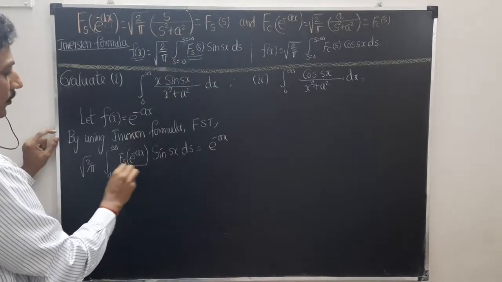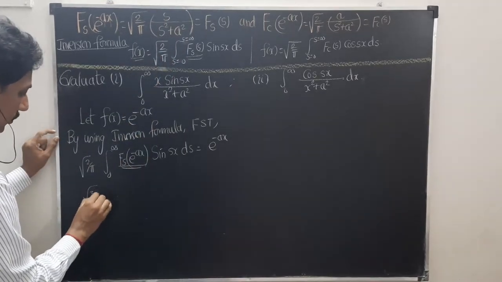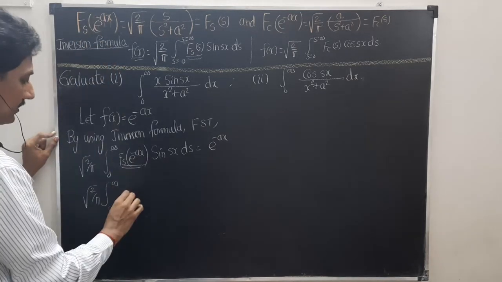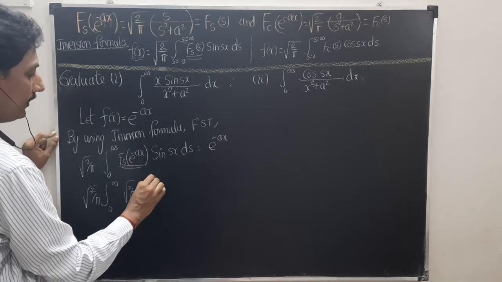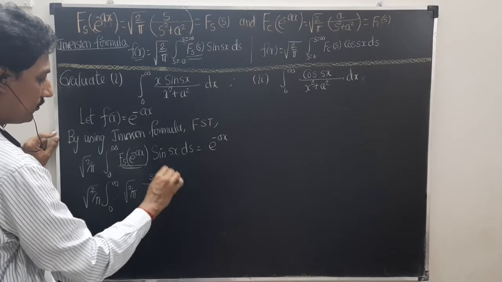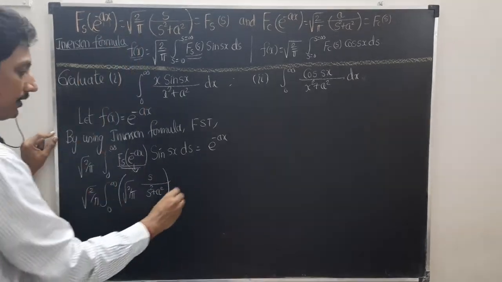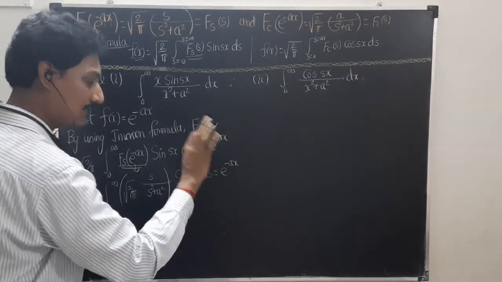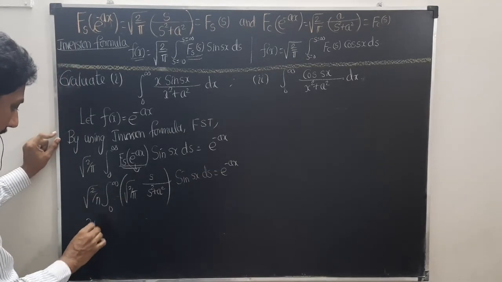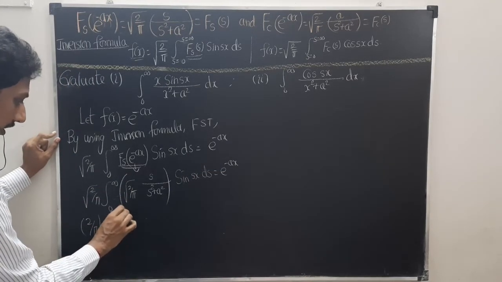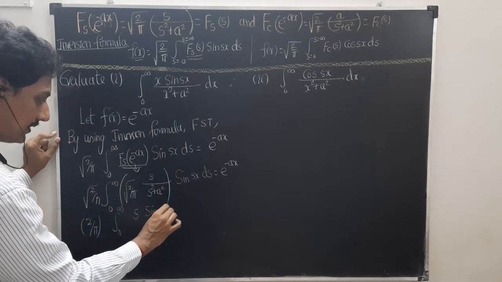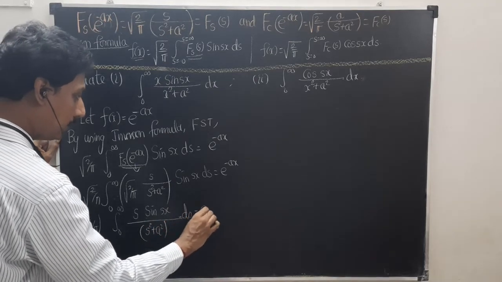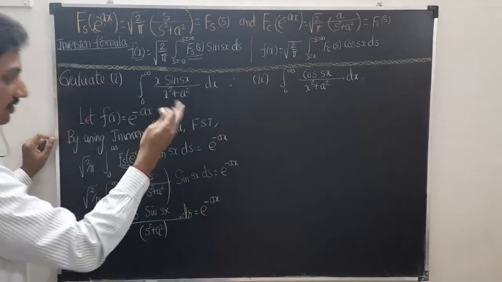It is root 2 by pi s by s square plus a square, which is already there in the book. So root 2 by pi integral 0 to infinity root 2 by pi s by s square plus a square sin sx ds is equal to e to the power minus ax. Very simple concept. Root 2 by pi times root 2 by pi is 2 by pi. So 2 by pi integral 0 to infinity s sin sx by s square plus a square ds is equal to e to the power minus ax. We have almost reached the answer.